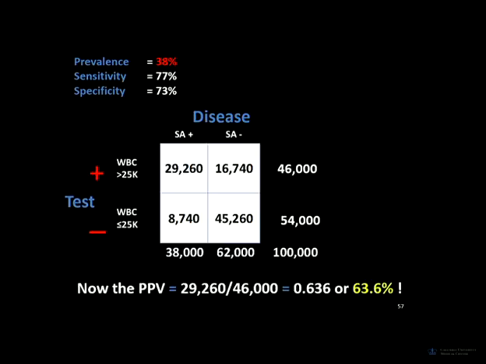So starting with this prevalence of 38%, we have to recalculate all our numbers. We start with our 100,000 again, but now because it's a prior of 38%, we have 38,000 people in the disease-positive column. So if we recalculate, you can see you shifted a lot more people over to this disease-positive column, and that really changes by shifting from this cell to this cell, from cell B to cell A. We really have increased the positive predictive value.